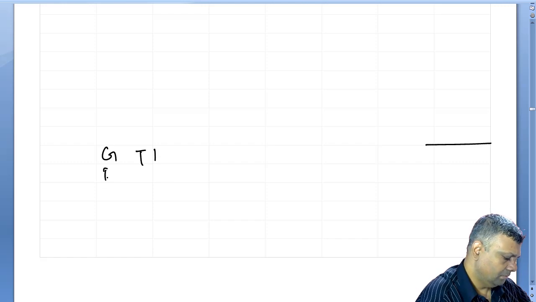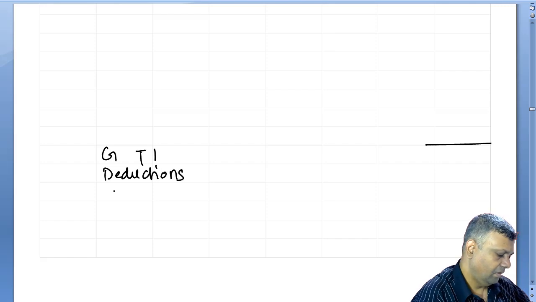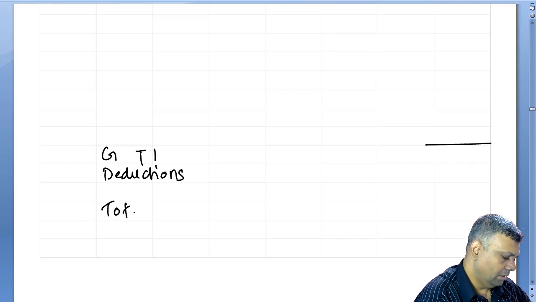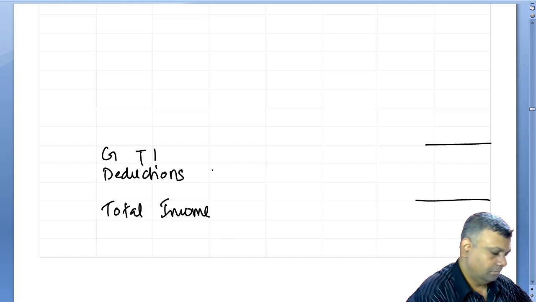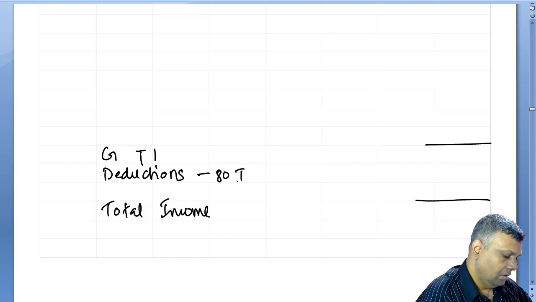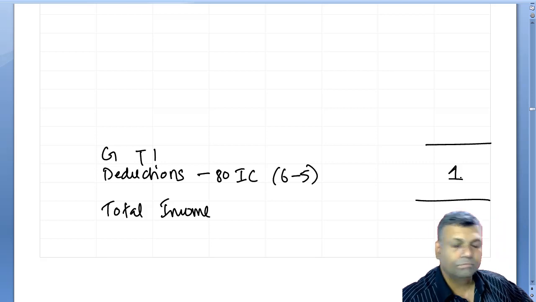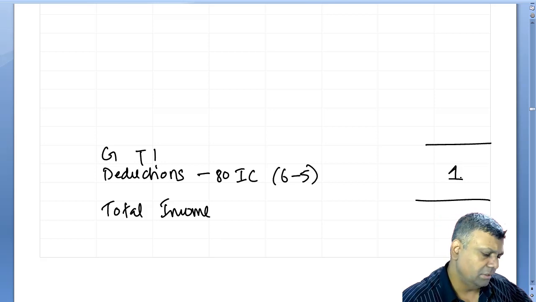Then deductions. Then the total income. ATIC was printed and the net figure was 6 minus 5, so 1. And I've left some handsome space so that there is nothing wrong with the spacing.